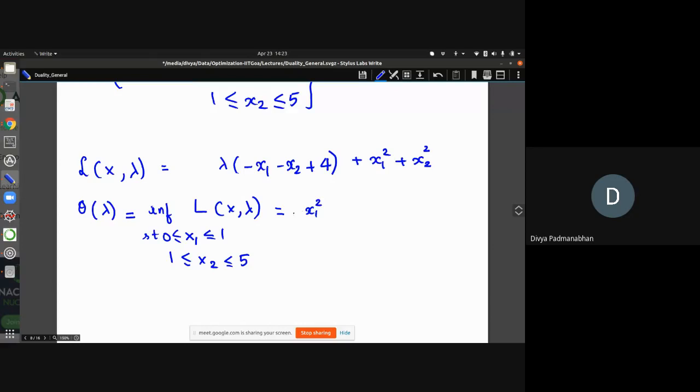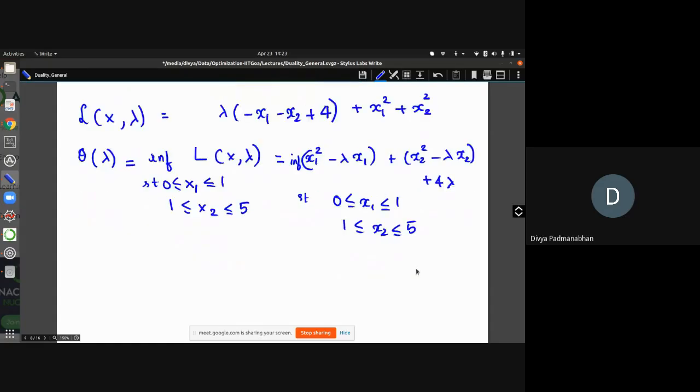So I need to find the infimum over this function: x1 square minus lambda x1, and another part x2 square minus lambda x2, plus 4 lambda, over these constraints, x1 between 0 and 1 and x2 between 1 and 5.